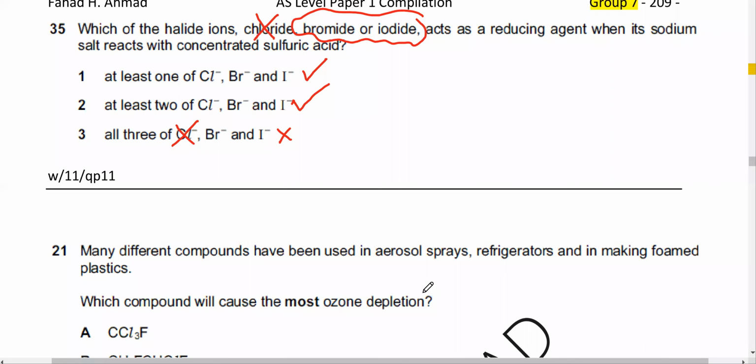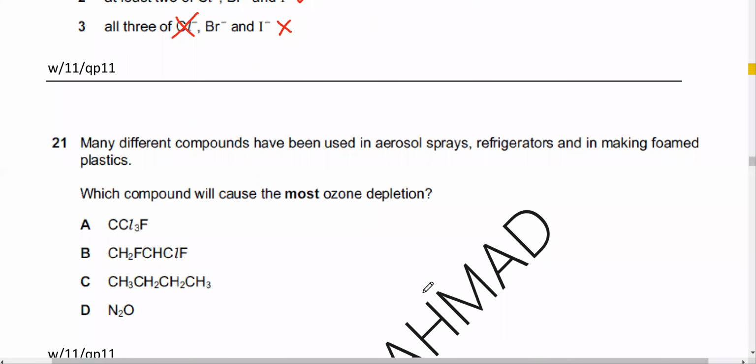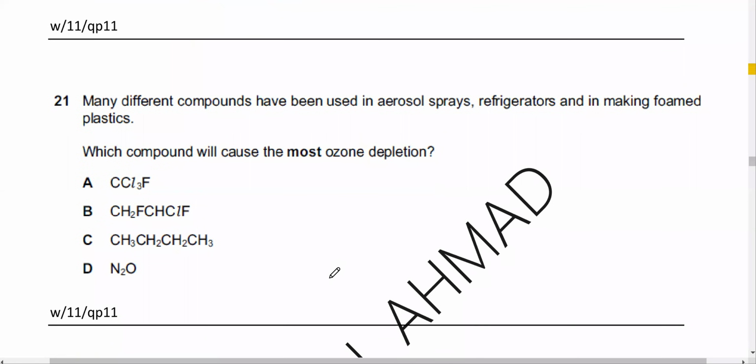The first two will. Among compounds containing halogens used in aerosols, which compound will cause the most ozone depletion? That is the one with Cl, because it's the C-Cl bond that actually breaks in the UV light and produces Cl radicals.